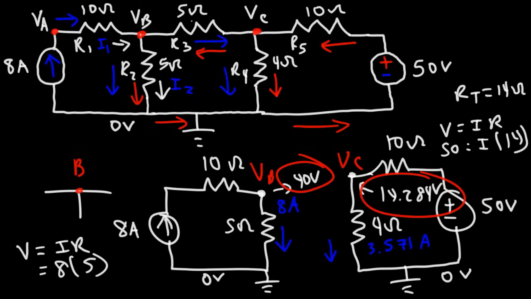Therefore, if we add this resistor in this circuit between points B and C, it stands to reason that VB will still be larger than VC. So the current will be flowing from point B to point C, from a high potential to a low potential. So let's get rid of this arrow.